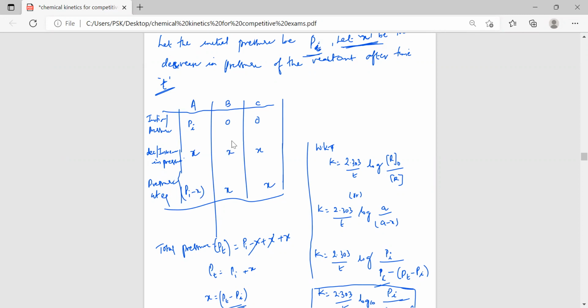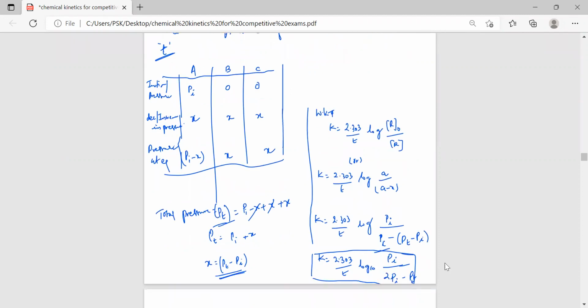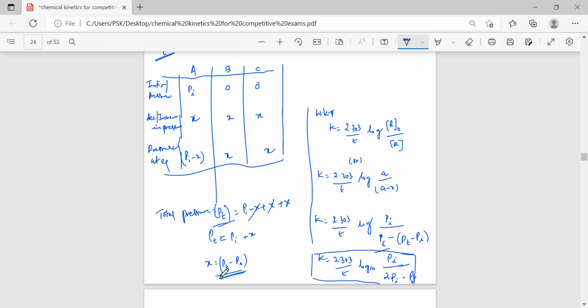And here there is nothing to subtract, so it will be X and X. So total pressure is represented as PT. PT will be equal to the sum of the equilibrium pressures, Pi minus X plus X plus X. You get PT equal to Pi plus X, or X is equal to PT minus Pi. PT is pressure after certain amount of time T. Pi is initial pressure, remember.